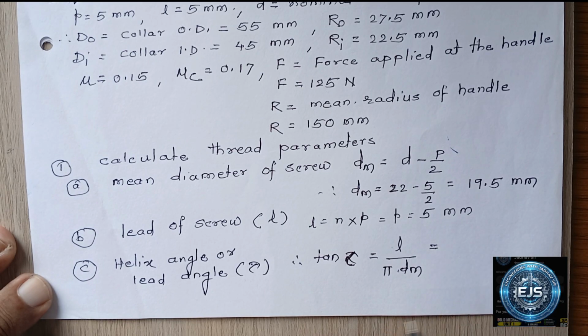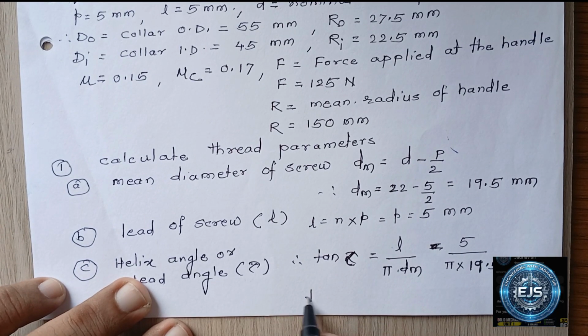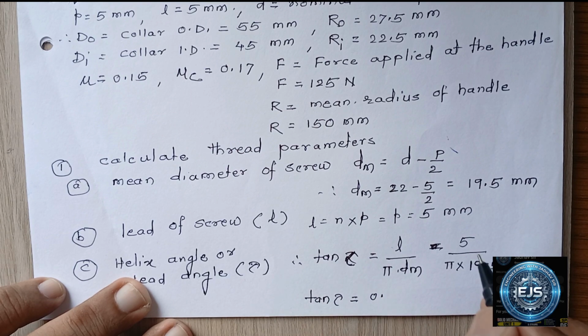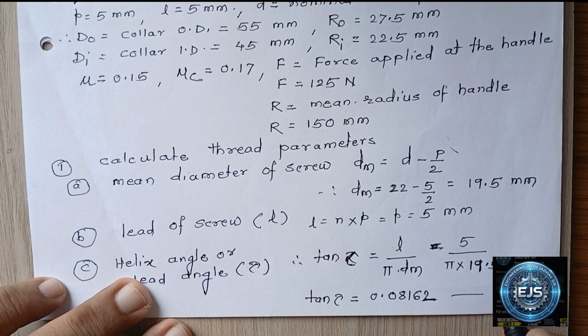So that is equal to lead, 5 mm, divided by pi into dm, which is 19.5. So tan of lambda value is 5 upon pi into 19.5. The value is 0.8162. We'll mark this as equation 1.